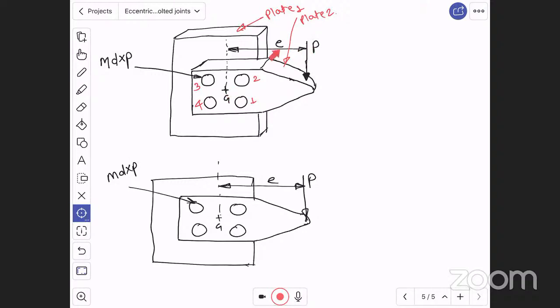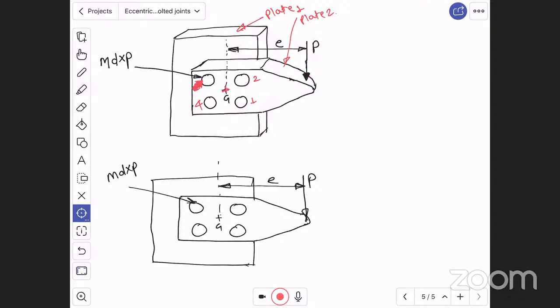The force P is eccentric by eccentricity E. Now for these 4 bolts, the centroid, the center of gravity, is at location G. And load P is at an eccentricity E from G, right?